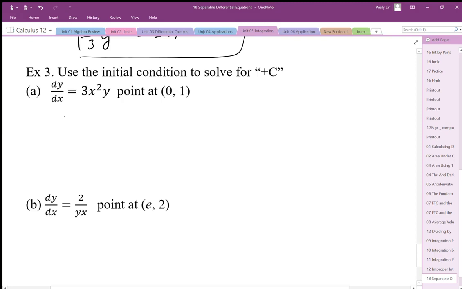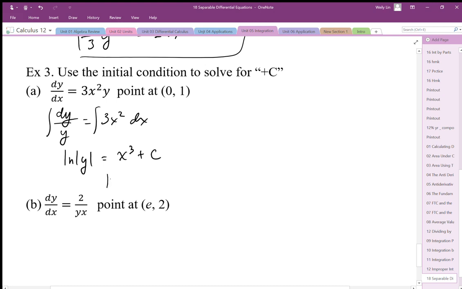So again, I separate and I integrate. Okay, separate, integrate, I end up with log y is equal to x cubed plus c. Okay, I can solve for c at this point, so I'm going to do that.